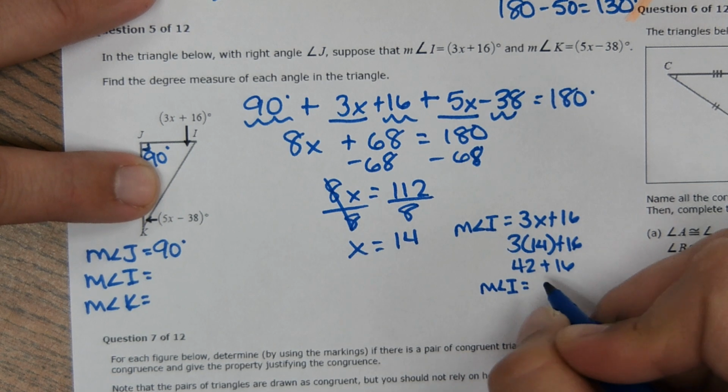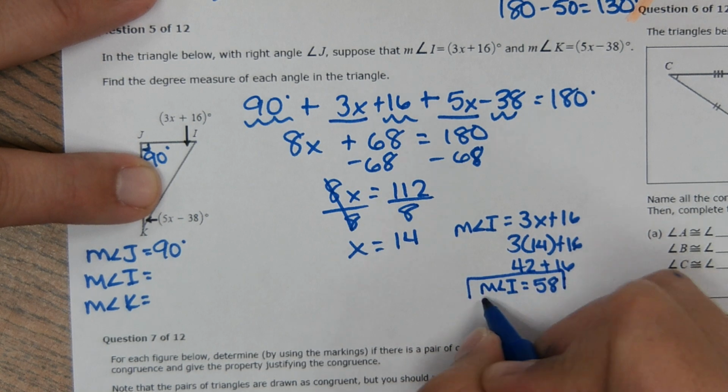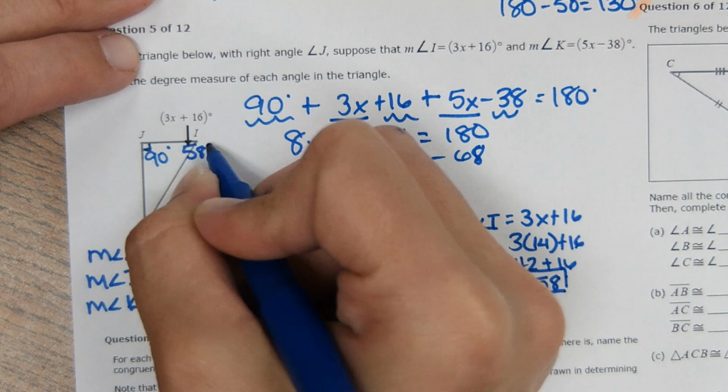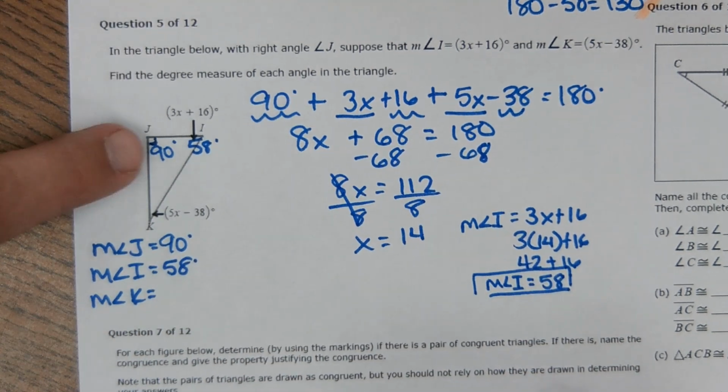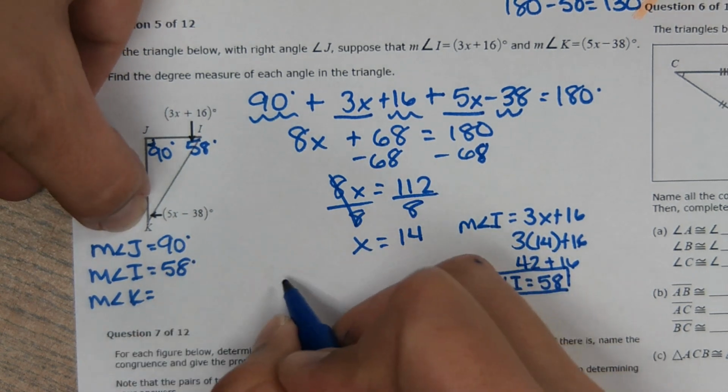The measure of angle I is 58. Good job. So this here is 58 degrees. To find the third angle, you could do 180 minus these two numbers. You could also just plug 14 into this expression.